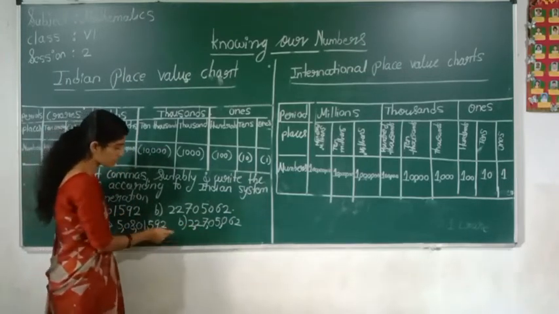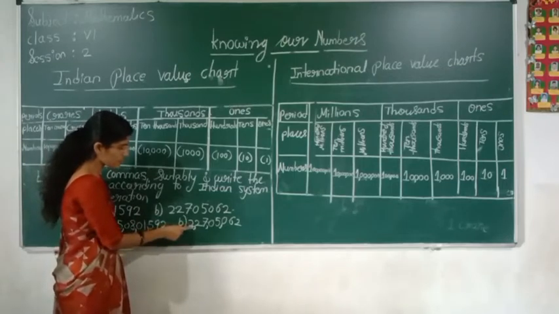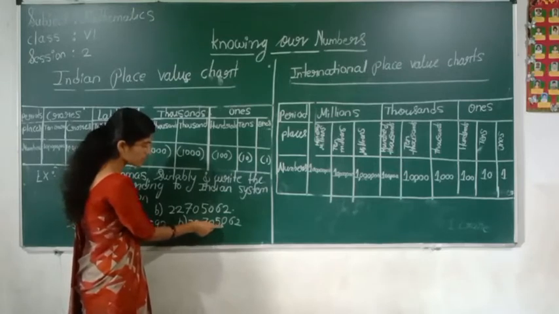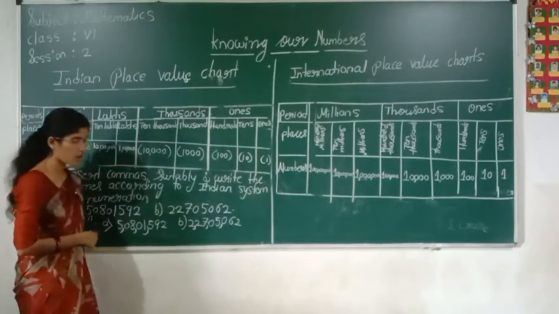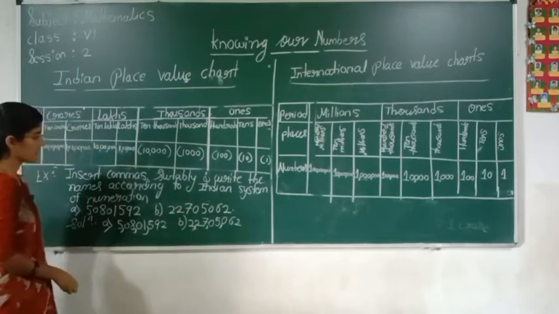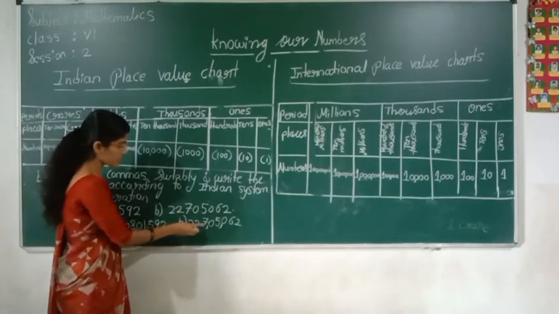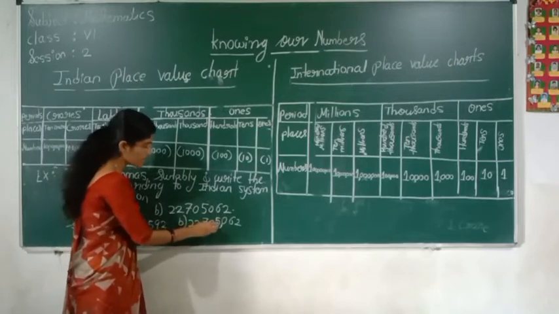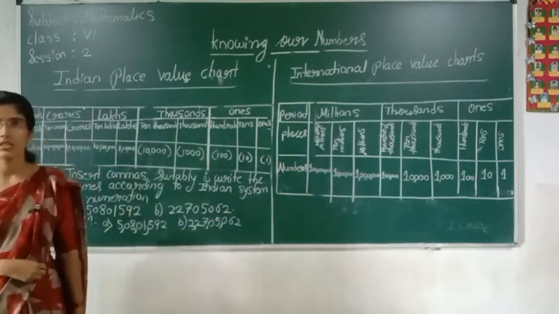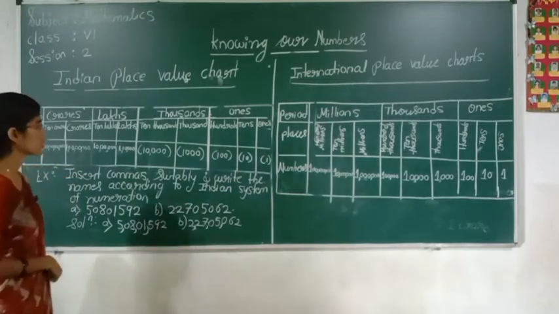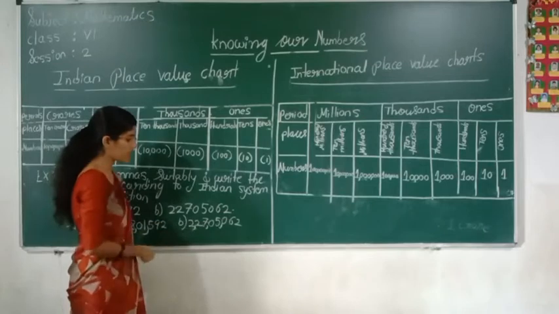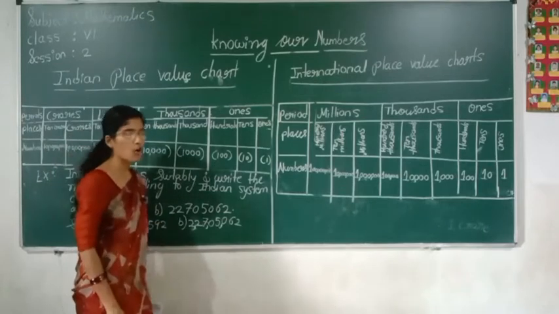How to read this? 2 crores 27 lakhs 5062. You remove the comma and tell the name of the family or period.